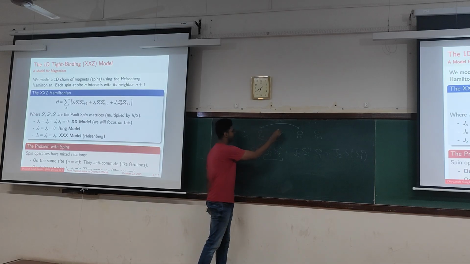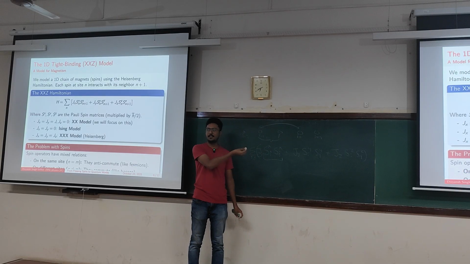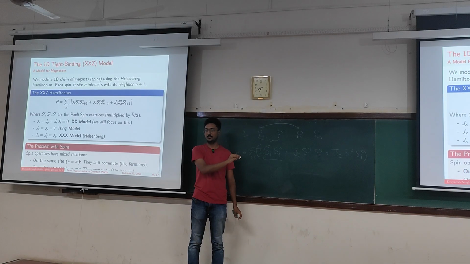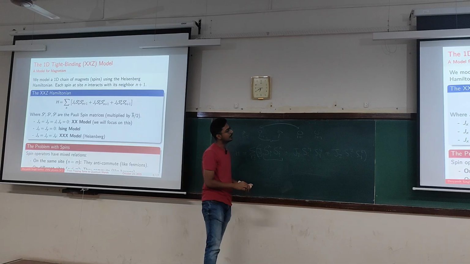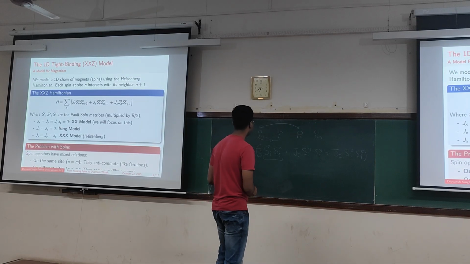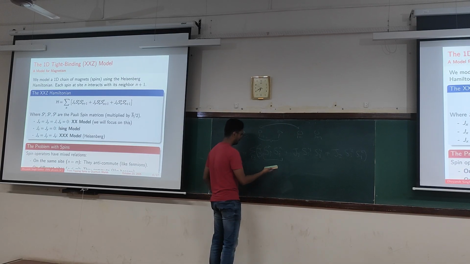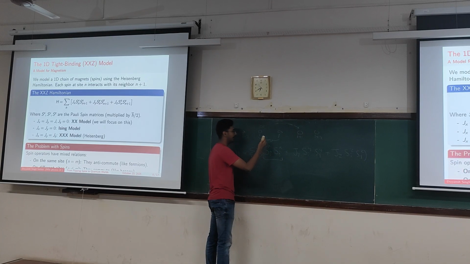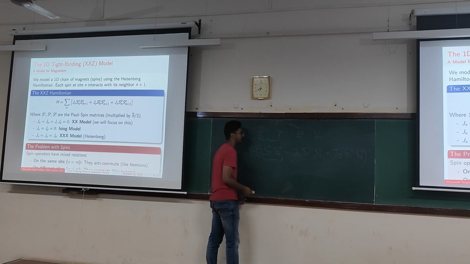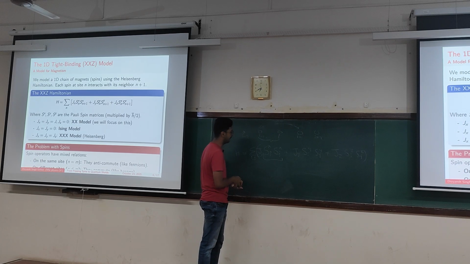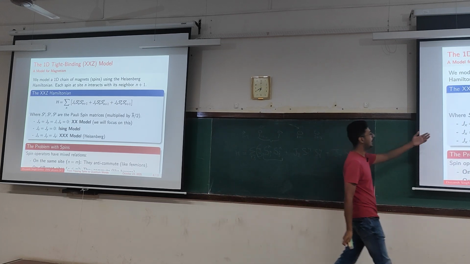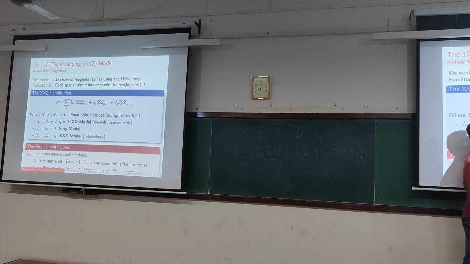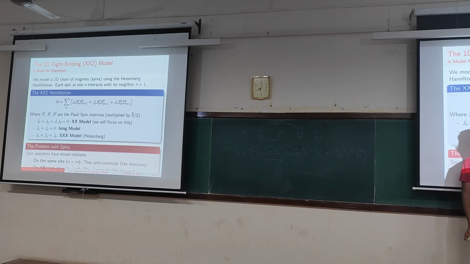Any two spins which are far apart, I consider their interaction to be 0. So if we ignore all the terms in which the interaction is far, we just get this Hamiltonian, with n and n plus 1.